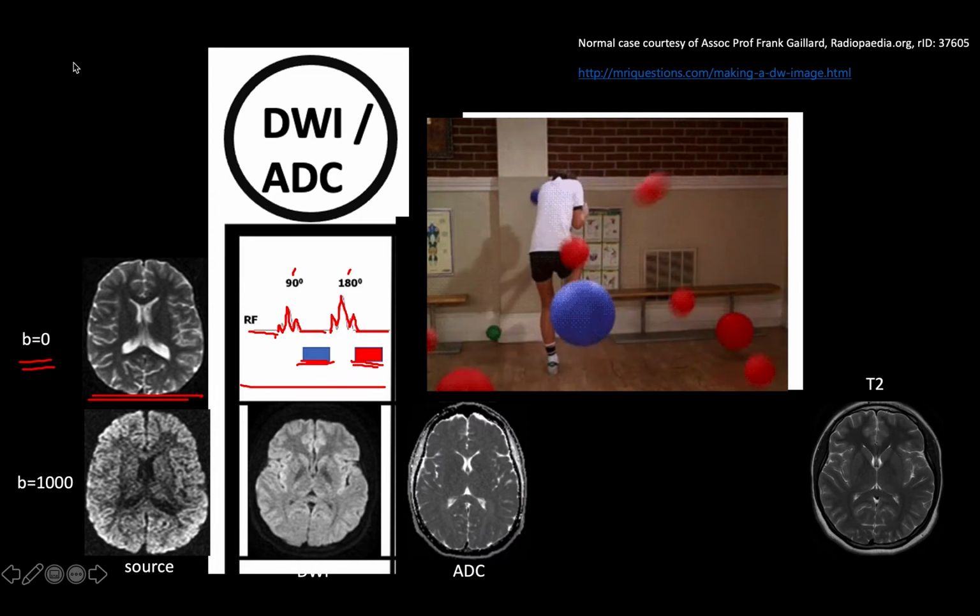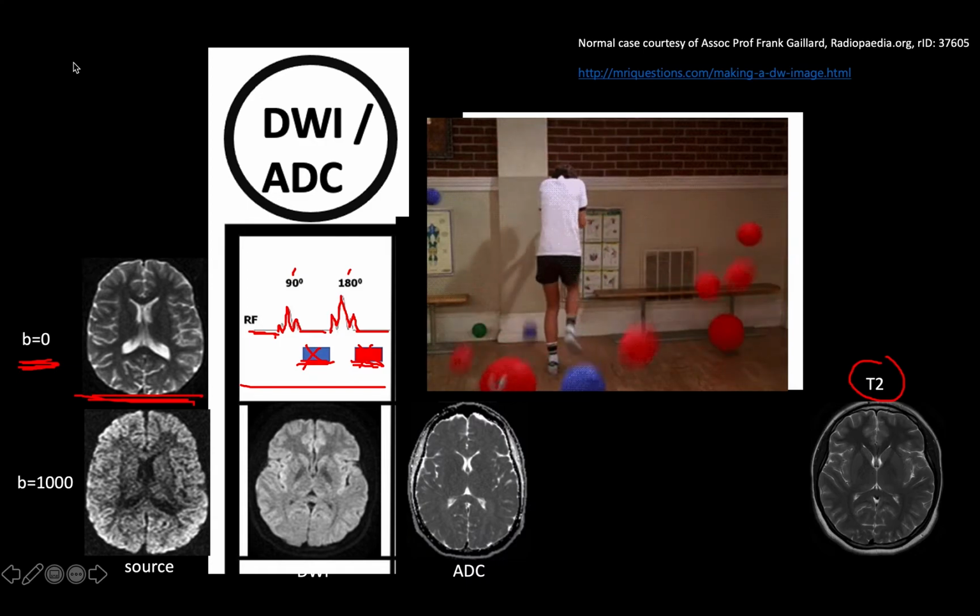Going back to our image here, notice that the B value is 0, meaning no gradient was given, no blue, no red dodgeball. So this is just a basic T2 sequence. Notice that this B0 image looks very similar to this T2 weighted sequence.